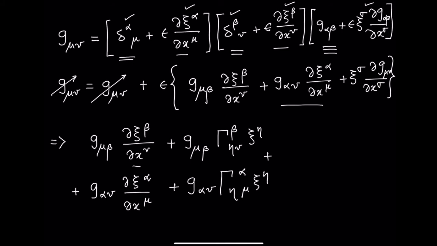And then I have this term which is xi sigma del g mu nu by del x sigma. Because I have added this term forcefully, I also have to subtract. So let me do that. And let us do one more trick here.